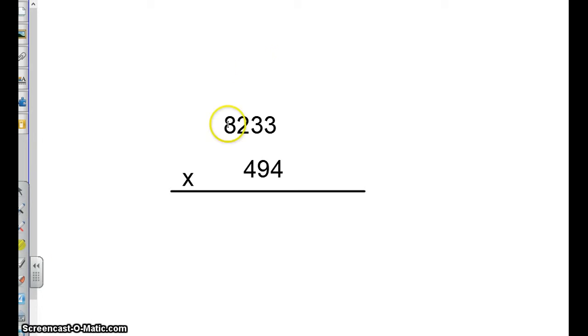Okay, here we have 8,233 and 494. So again, our rule is that we need to round both numbers to their greatest place value. The greatest place value for this number is the thousands place. The greatest place value for this number is the hundreds place.